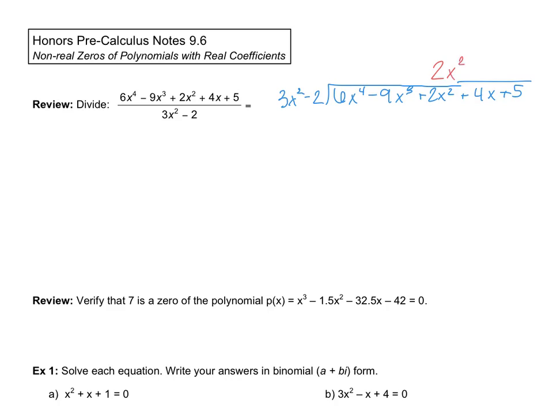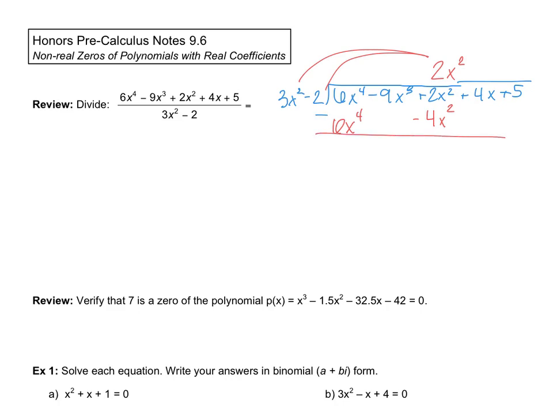Then I take 2x squared and I multiply it by both 3x squared to get 6x to the 4th and negative 2. So it would be minus 4x squared. So just make sure you write that underneath the x squared term here. Once you do that, we subtract.